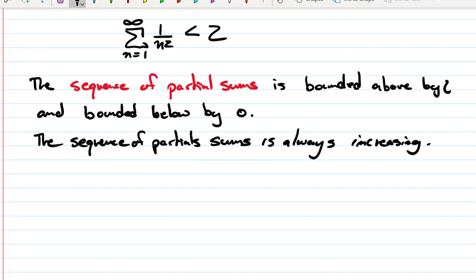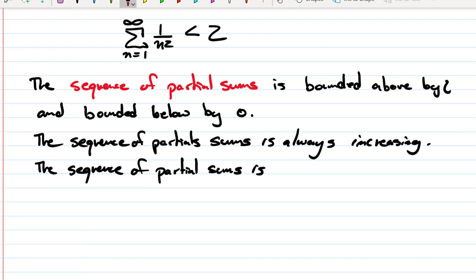So, combining these two facts, we have that the sequence of partial sums is a monotonically increasing bounded sequence.